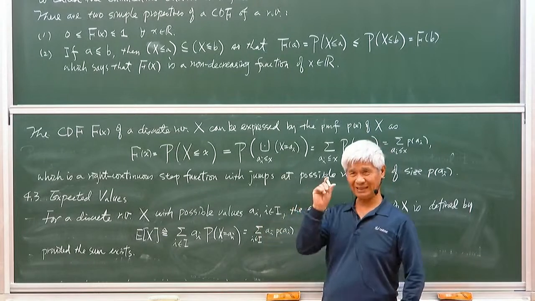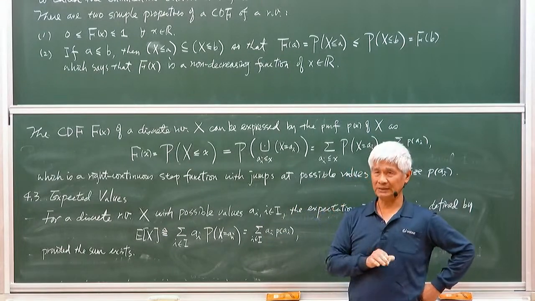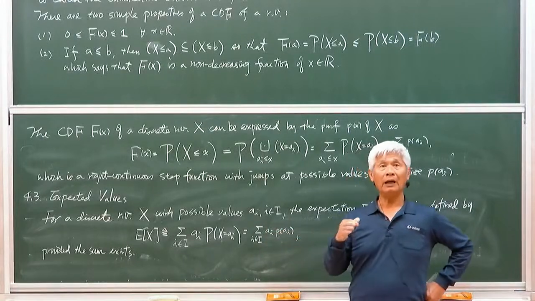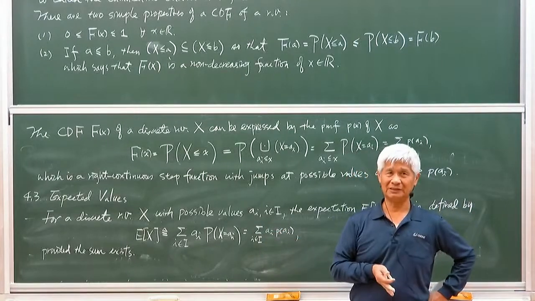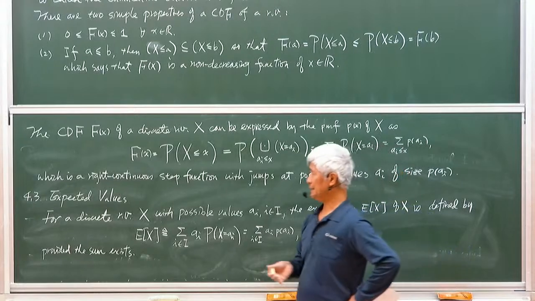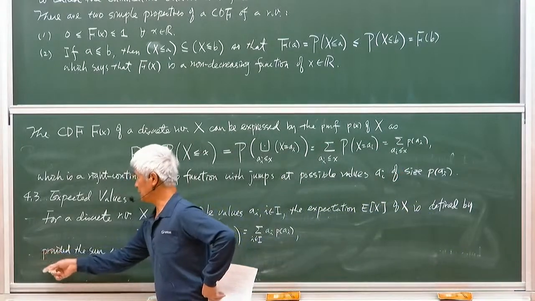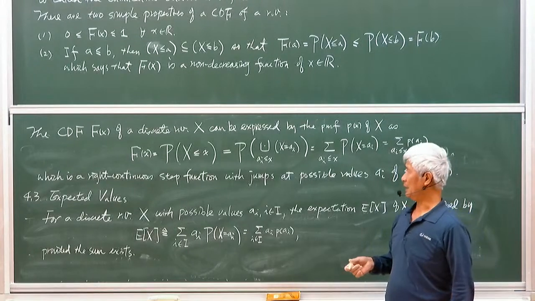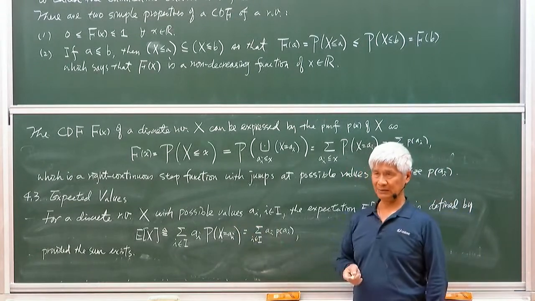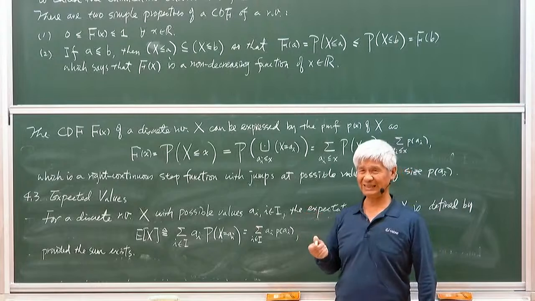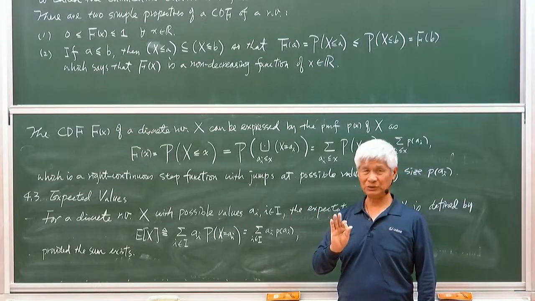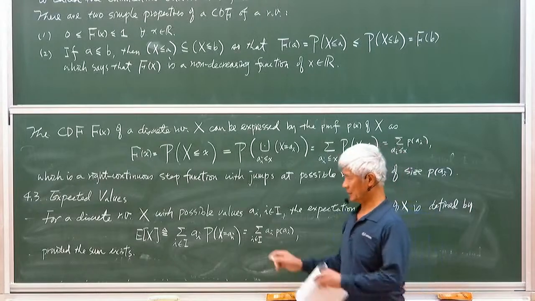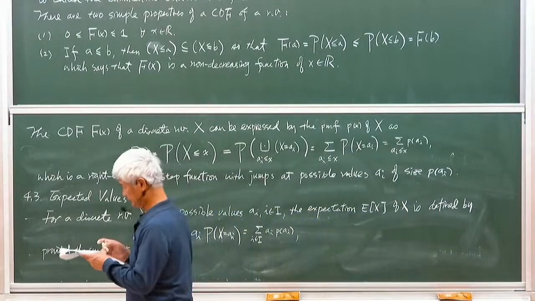So you have to consider an infinite series sum, and this infinite series sum may converge or may not converge. So we assume that a discrete random variable has expectation if this sum exists. If this sum does not exist, then we say that this discrete random variable has no expectation. This is by definition.